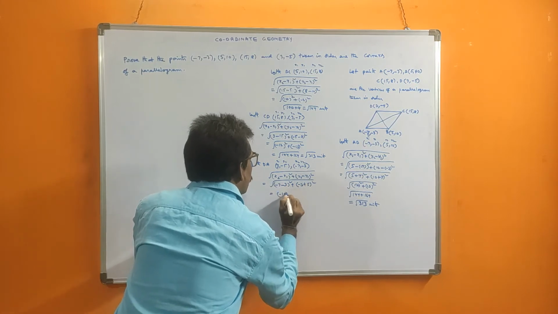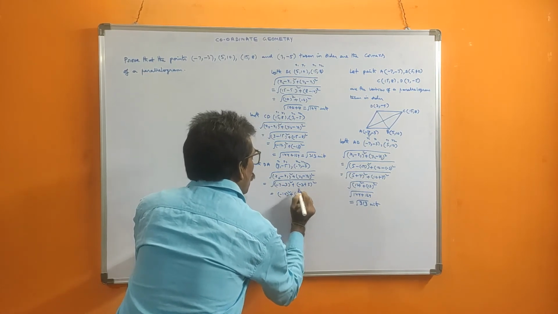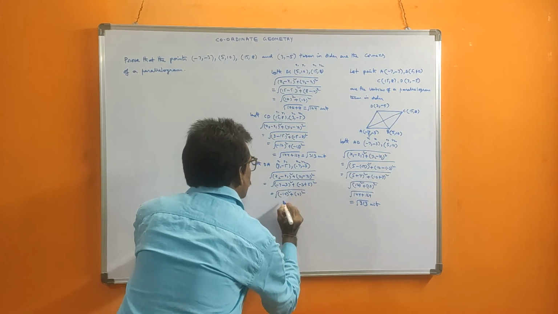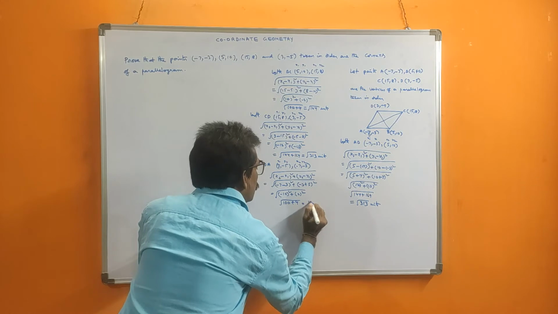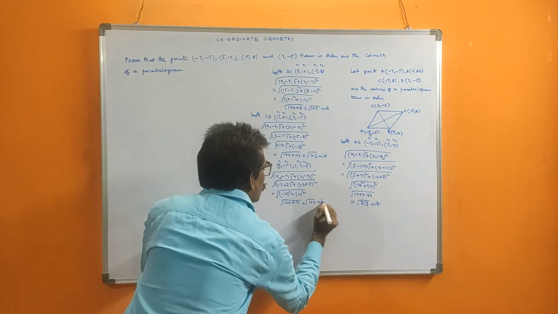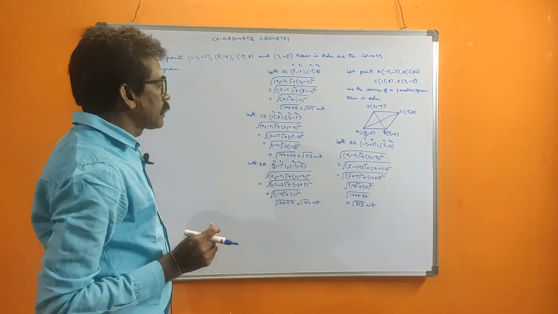Here minus 10 whole square plus here 2 whole square. This is 100, minus square is plus 4. This is root 104 units. Now all the sides are finished.